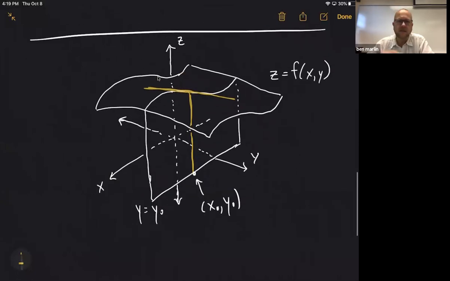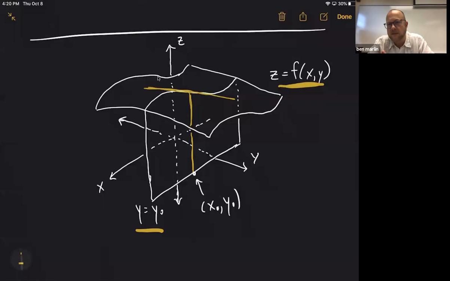I have not engaged a professional artist to draw my picture here, but you can see that we have this function of x and y for our z, and as you draw the plane y equals some value y sub naught, that plane can cut across your function there, and in the place that it cuts across, you will have a curve just like what you were used to in Calc 1.